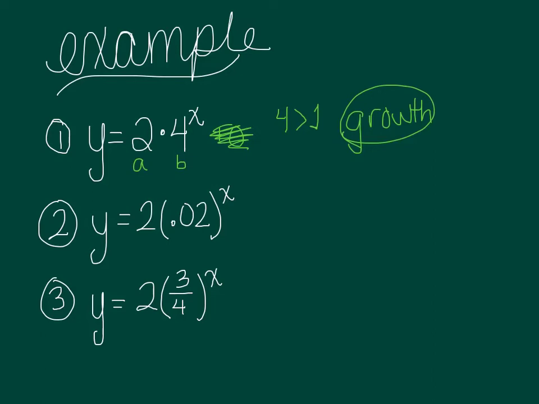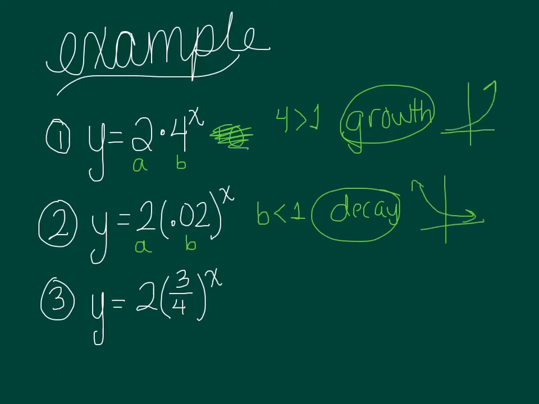Now in number 2, I have 2 times 0.02 to the x. The 2 is my A, the 0.02 is my B. So since B is less than 1, I know I have decay. So this graph would look like that, whereas the first one looked more like this.